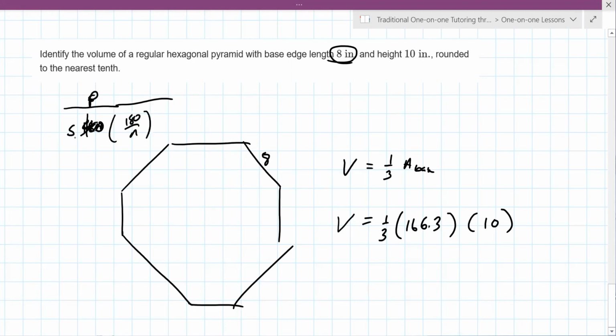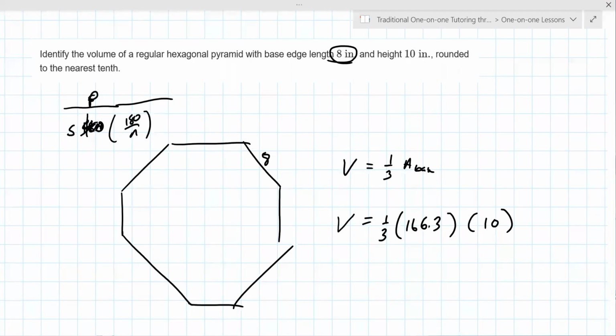Do you remember that? I believe so. Okay, that's all that calculator is doing. It's not doing anything we haven't already done. 554.3. What are the units here? Inches? Oh, inches cubed. Okay. So you have to give a complete answer.